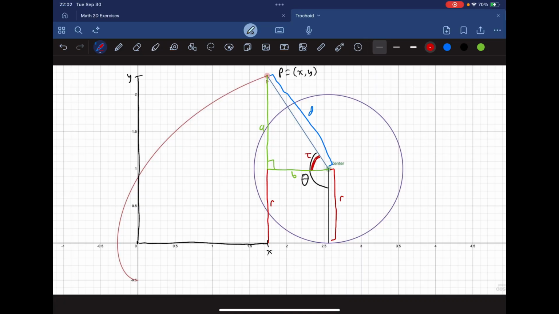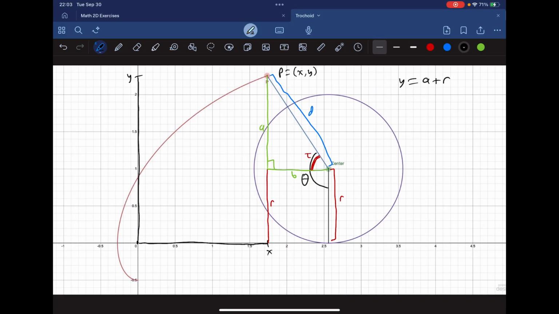So that is r. Then what we see is that the length y, the y coordinate that we care about, is exactly the sum of the length A plus the length r. Let's write this down because this is important. Y is equal to A plus r.